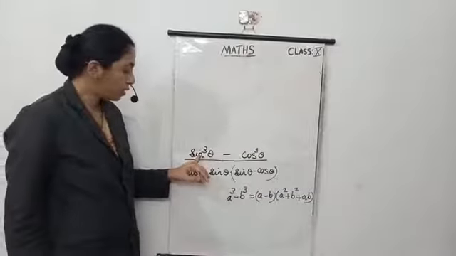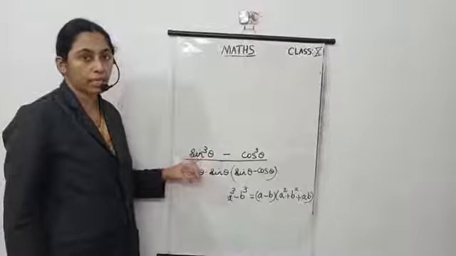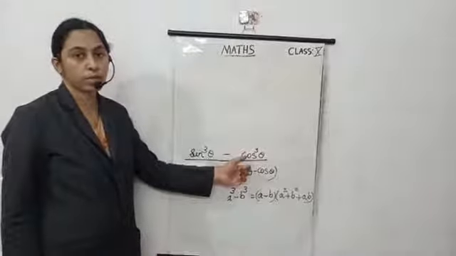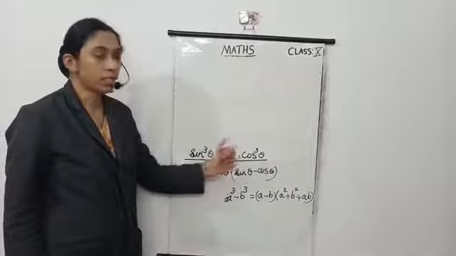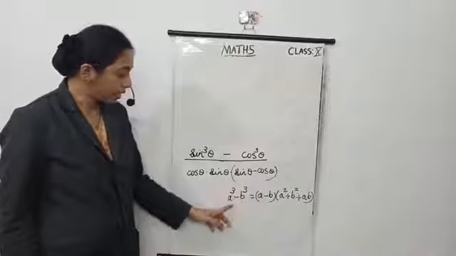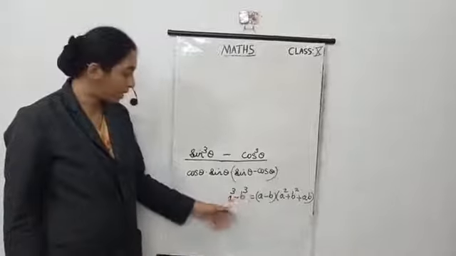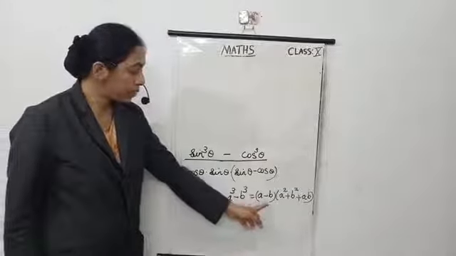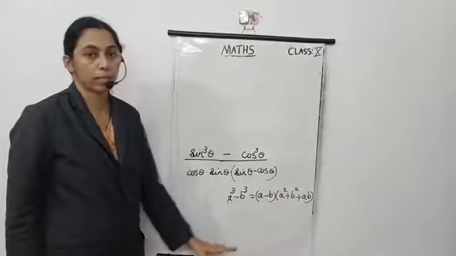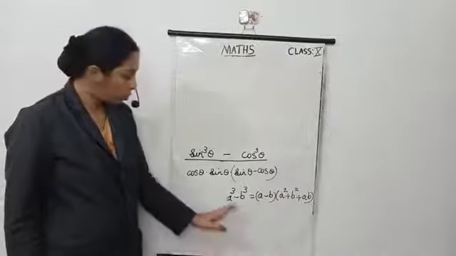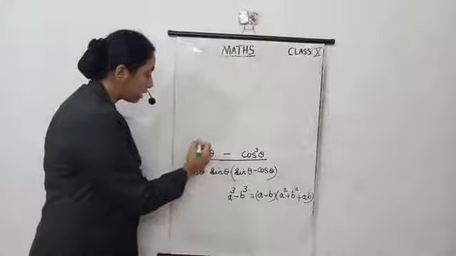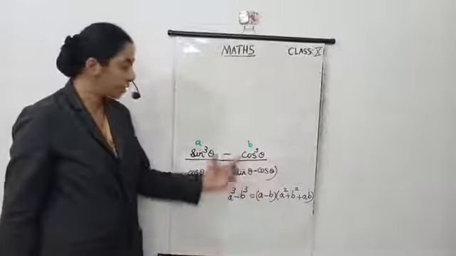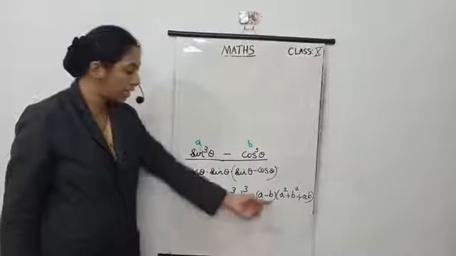Now consider the numerator sin cube theta minus cos cube theta. Sin cube theta minus cos cube theta is in the form of the identity a cube minus b cube. So its expansion is a minus b into a square plus b square plus ab. Okay, so in the place of a here sin theta and in the place of b here cos theta, and we expand this numerator like this.